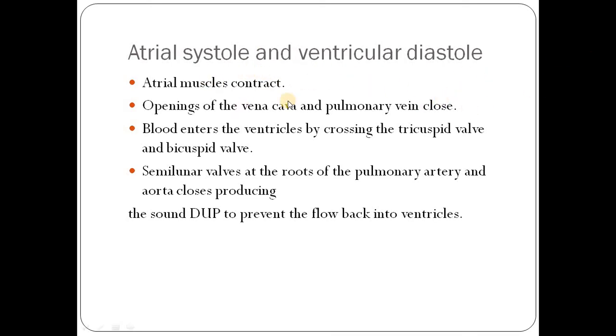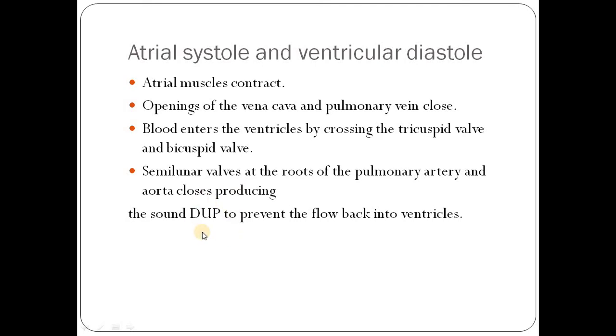So the pulmonary vein and the openings of the vena cava also close. That much blood has entered, so it is full now. After that the tricuspid and bicuspid valves open and lead the blood to flow into the ventricles. At the same time the semilunar valves of the pulmonary artery and the semilunar aortic valve also close, and when they close they produce the sound dup.